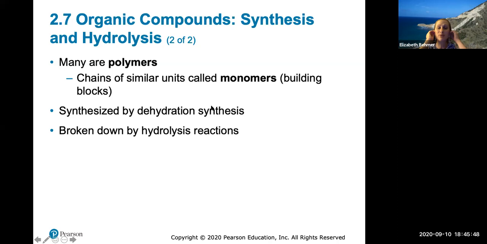Many are polymers, and a polymer is a chain of a similar unit called a monomer, which is a building block, and we'll talk about this when we get to carbohydrates. They can be synthesized with what we call dehydration synthesis, or broken down by a hydrolysis reaction. So a dehydration synthesis reaction will synthesize a polymer, and a polymer will be broken down by a hydrolysis reaction.